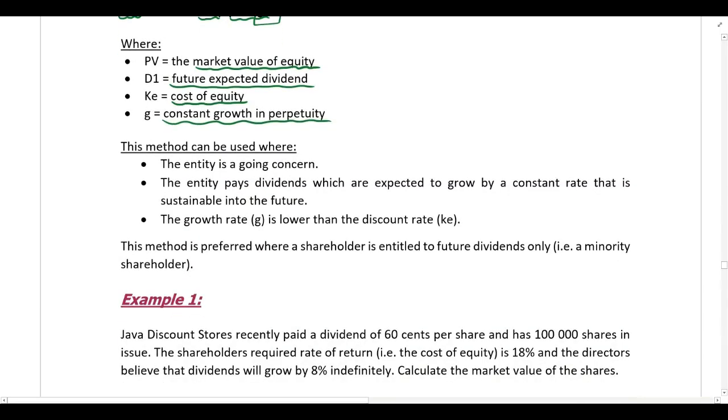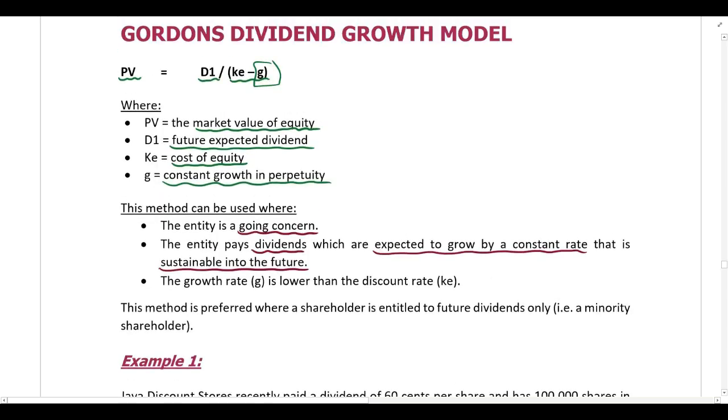Where can we use this model? Firstly, the company must be a going concern. Second, the company must pay dividends that are expected to grow at a constant rate that is sustainable into the future. Obviously, if we have a company that doesn't pay dividends, we won't have anything to include as D1 in our calculation, so then we can't use this model.